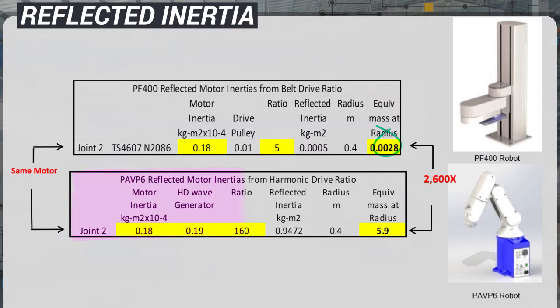Here is a table for a small harmonic drive robot. The harmonic drive gear ratio is 160:1, and the square of this ratio is 25,600. For the exact same 200-watt motor, the equivalent mass at 400 millimeters is 5.9 kilograms, which is 2,600 times the equivalent mass for the low ratio robot.